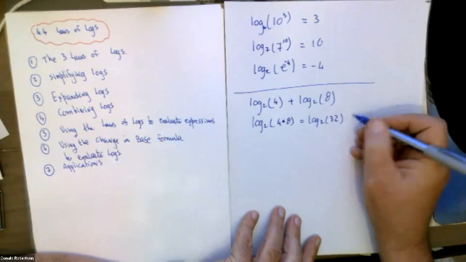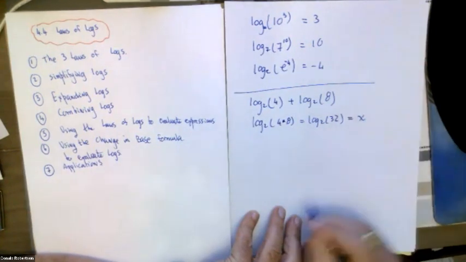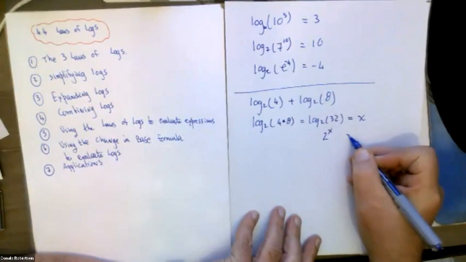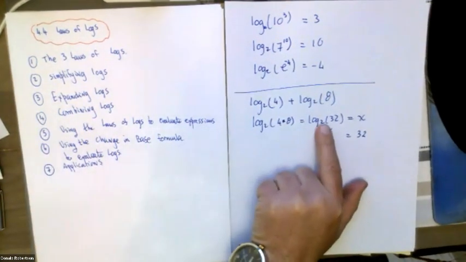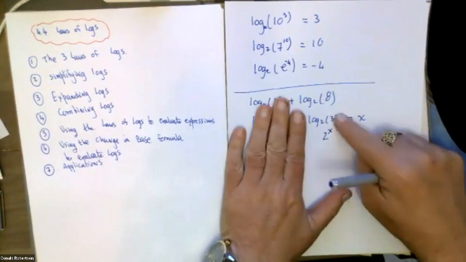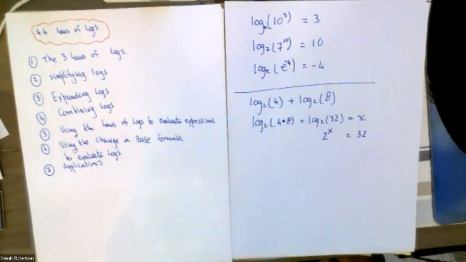Now, I would like to know what log to base 2 of 32 is, so I'm just going to call it x. So I'm going to have 2 to the power of x is 32. Now, all I'm doing from this line to here is changing from logarithmic form to exponential. And this particular one's a bit messy because you could basically just check and guess.